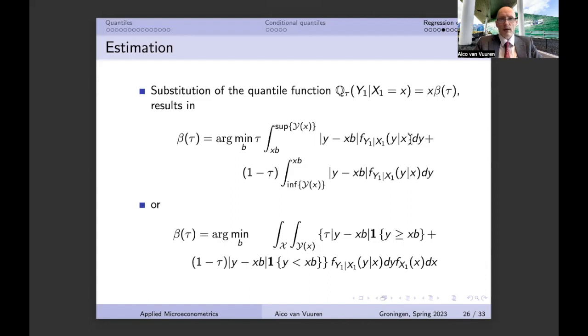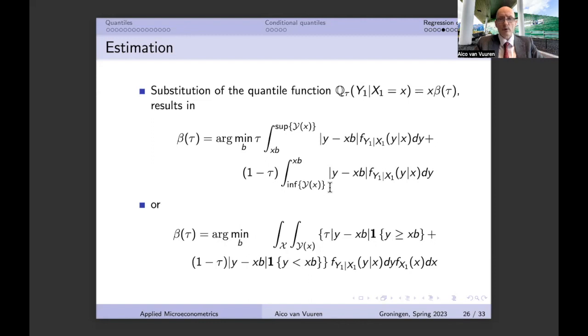Well, now we are almost there. What we should realize is that this actually is true for any level of the x's that we have. Not just for one particular x, but for any level of x, beta tau is going to minimize this thing that we have over here. So we could look at x0 and x1 as we have done when we were looking at our graphical illustration. But we can think of x as being continuously distributed, so then we can do it for any level of x.